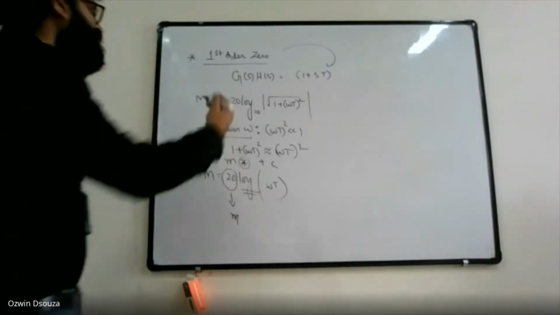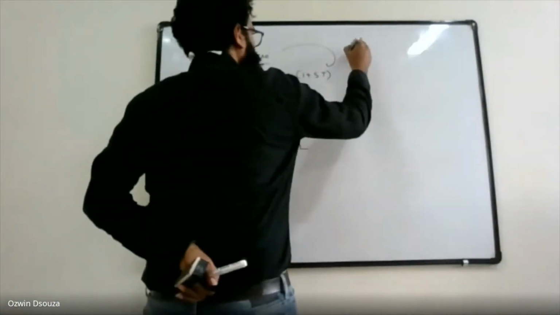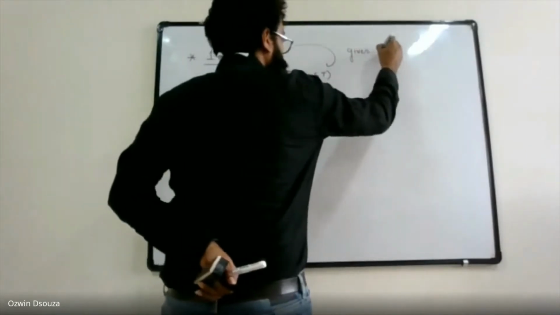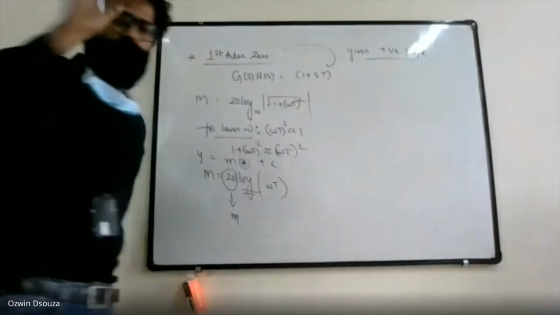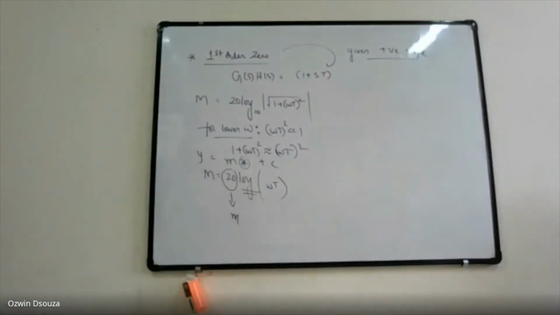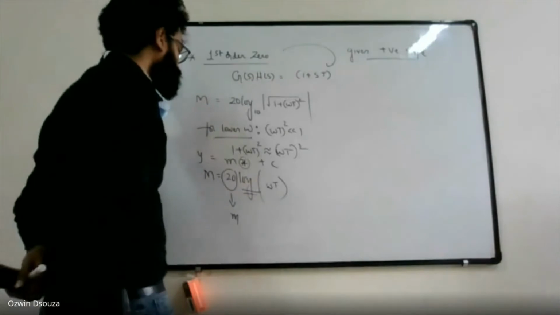So you can say that your first order zero gives a positive slope. That's all you need to know in Bode plots. Pole gives negative slope, zero gives positive slope. Pole gives negative angle, zero gives positive angle. That's all you have to know in Bode plots.